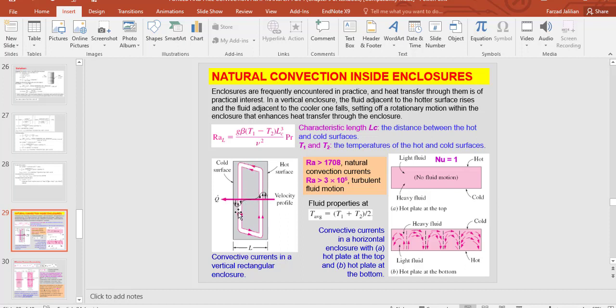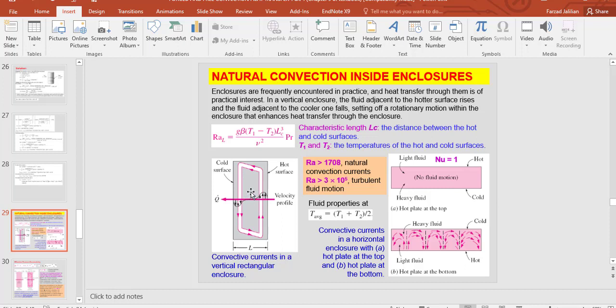This is due to the buoyancy and friction forces we already introduced in the previous session. Due to this motion of the liquid near the surface of the enclosure, you know that we will have convection heat transfer. So how can we calculate the heat transfer by this convection?